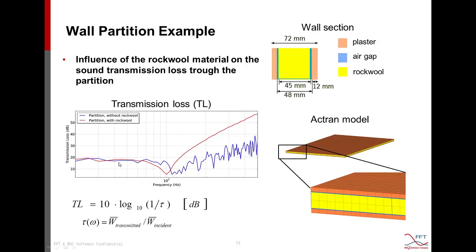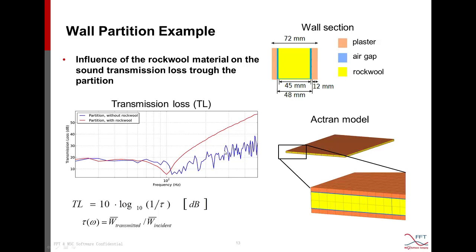So through Actran modeling, we were able to obtain this red curve, okay, which is the sound transmission loss through this complex layer. Now, if we simply replace the rock wool by air property, so we are actually removing the rock wool material, then we get this blue curve.